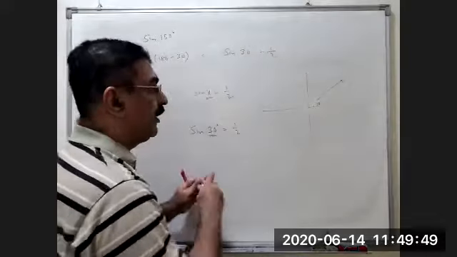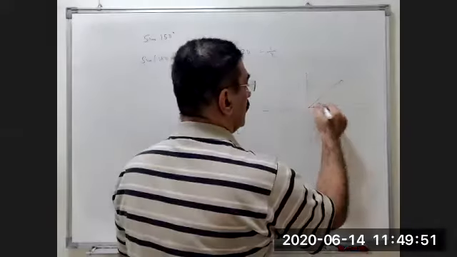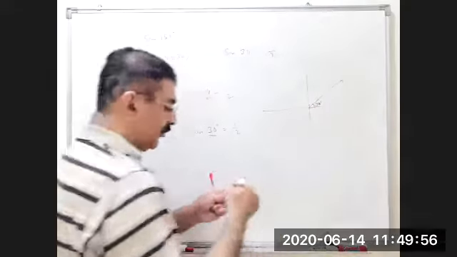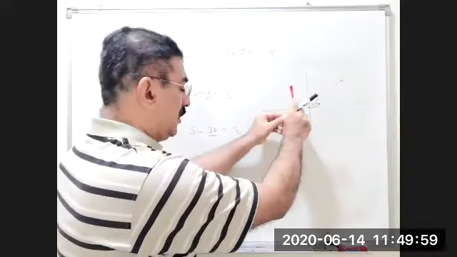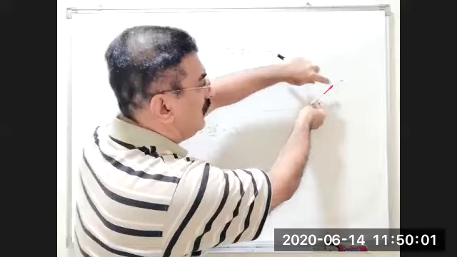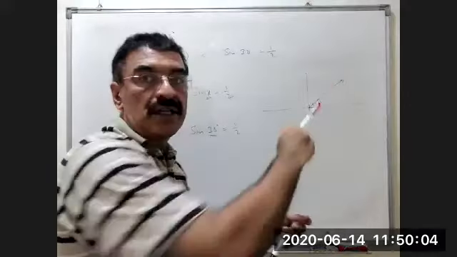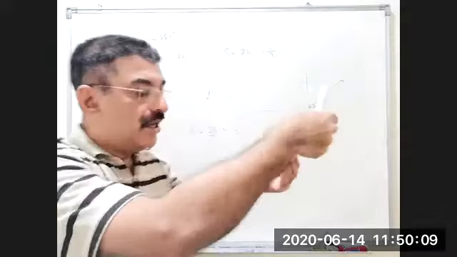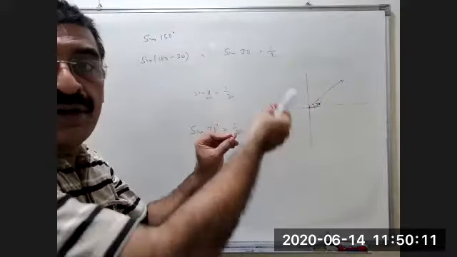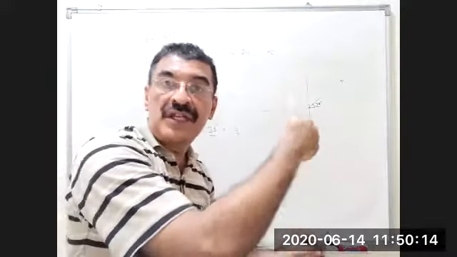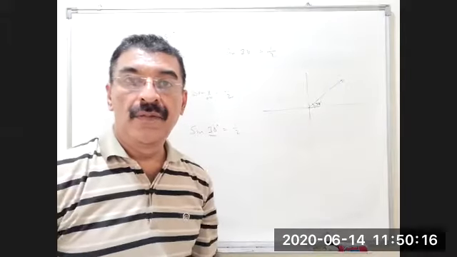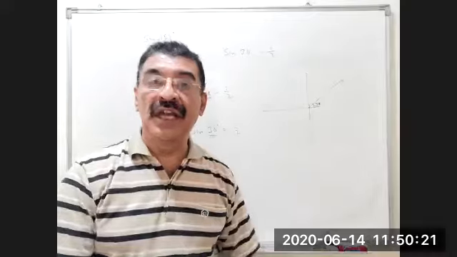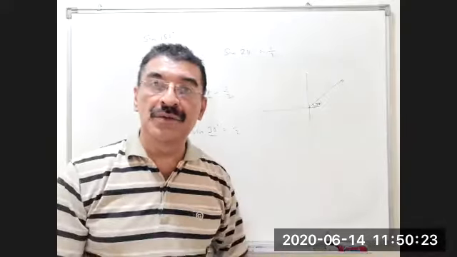I hope you got the idea. For 30 degrees, the position of the terminal ray is this one. Even if you add 360 degrees, 390, the position is the same. That means after each revolution of the terminal ray, the position remains the same. At all these points, the value of sine will be 1 by 2. That means sin 30 is 1 by 2.